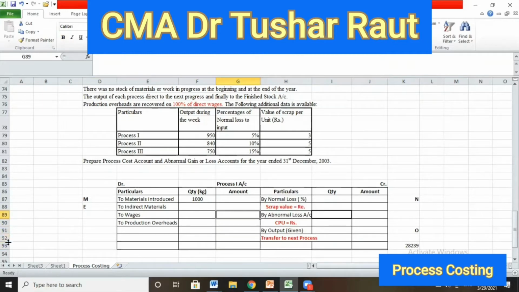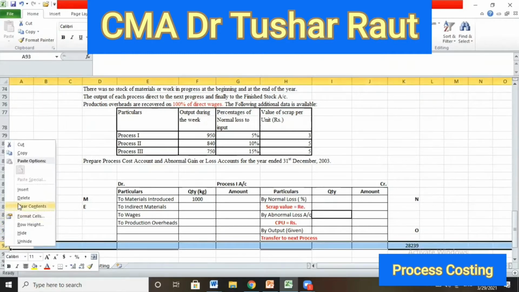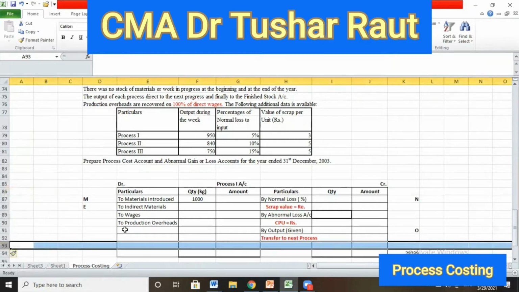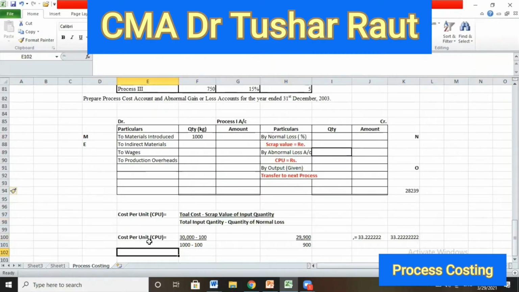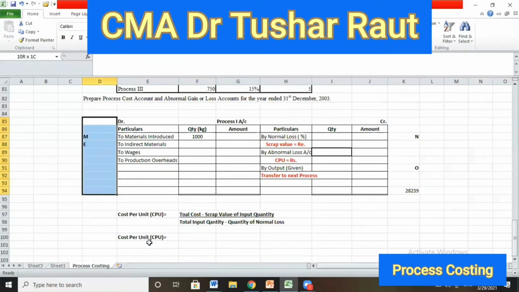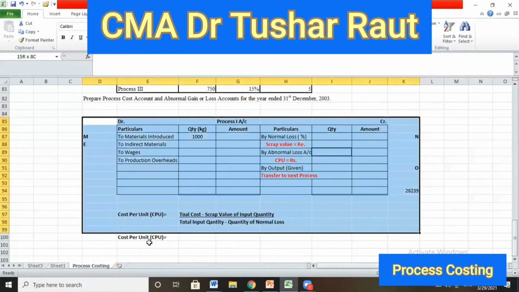Okay, so this is what we need to prepare for process 1. Similarly, again we will follow it for process 2 and continue for process 3. But first I would like to prepare formats for all these 3, because that will help us to do it fast.